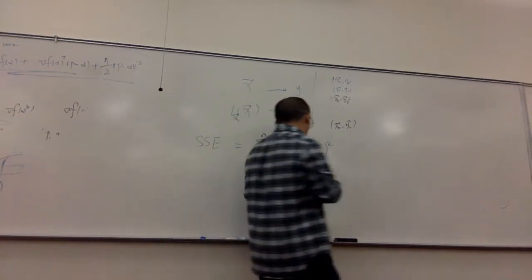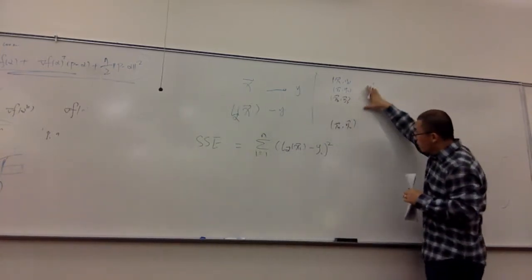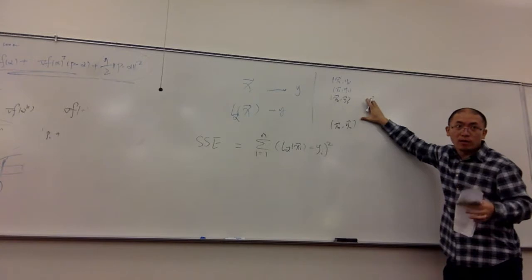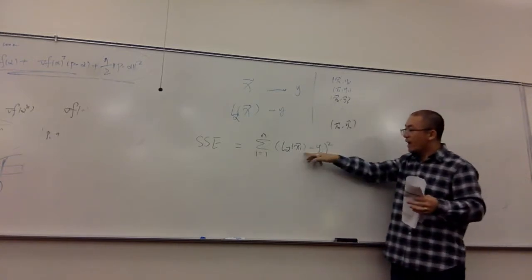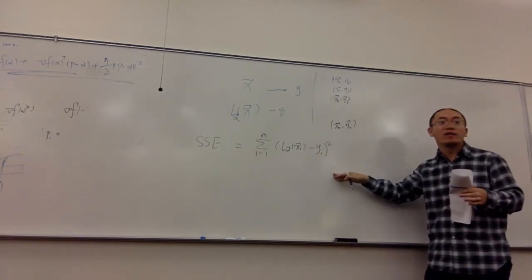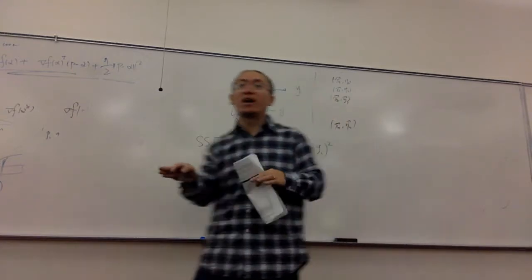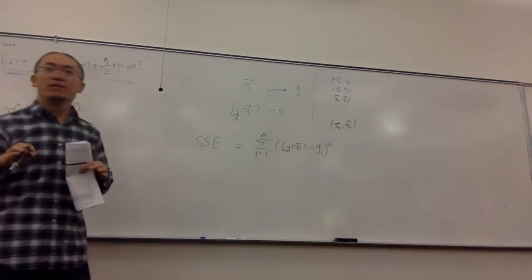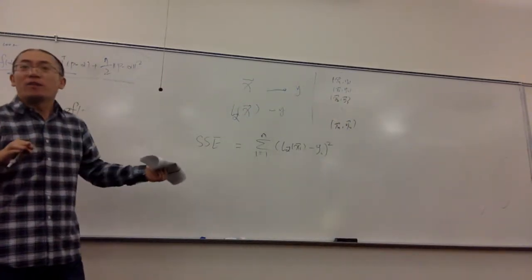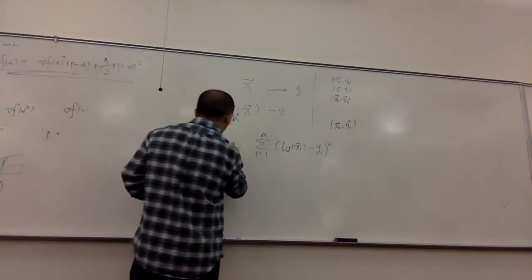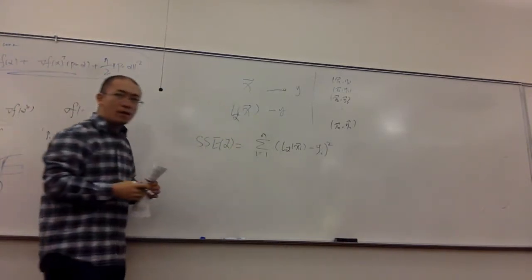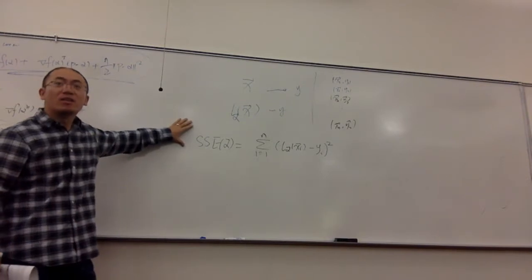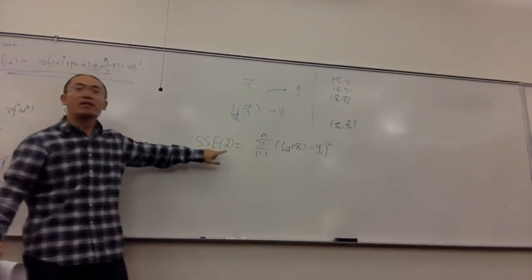Because the training data are observed, meaning that each xi and yi are fixed, essentially SSE is a function of what? Yeah, alpha, right? A function of alpha. And we minimize SSE to obtain the best alpha.